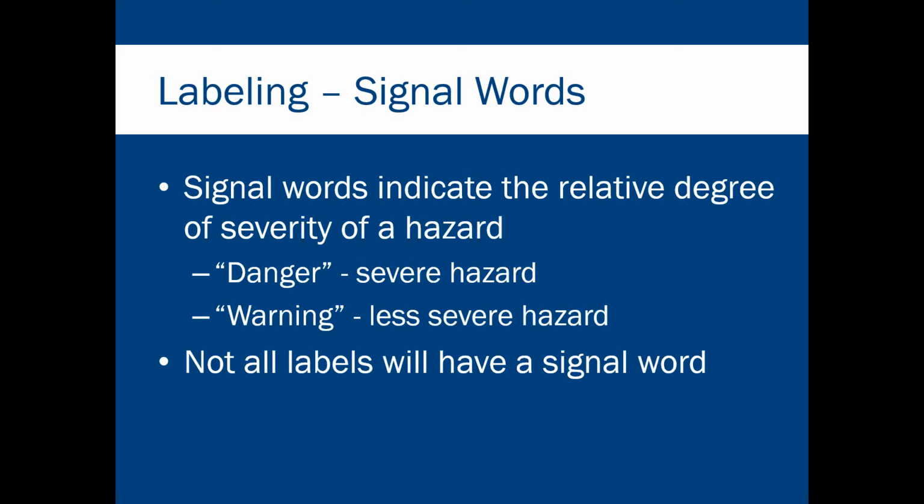So signal words. If you refer back to the sample label, you will see a section for signal words under the pictograms. And these are very basic. There's only 2 of them, danger and warning. These are going to indicate the severity of the hazard. Danger is extremely severe. Warning is going to be less severe.